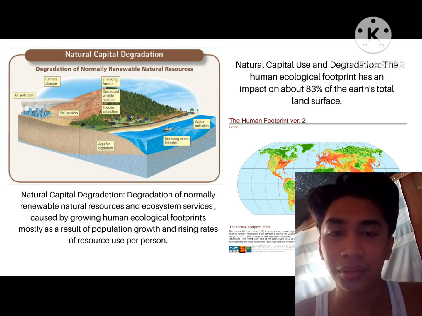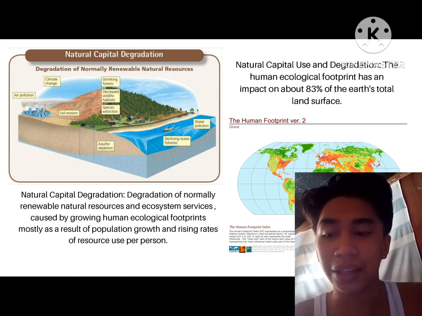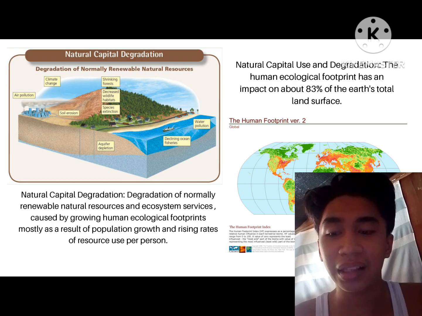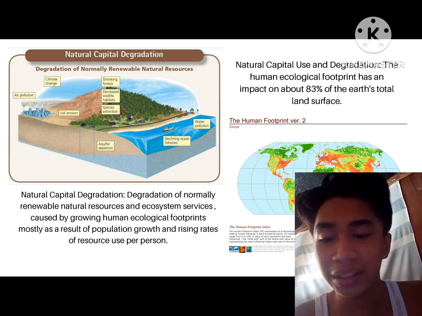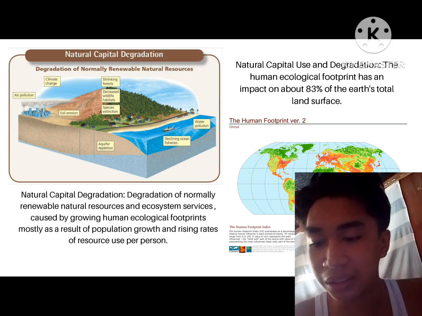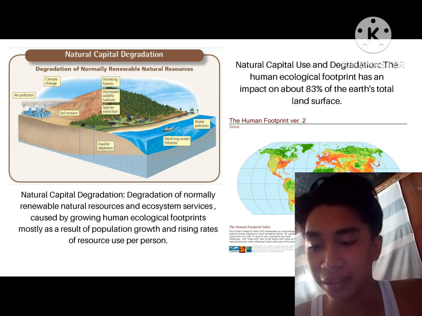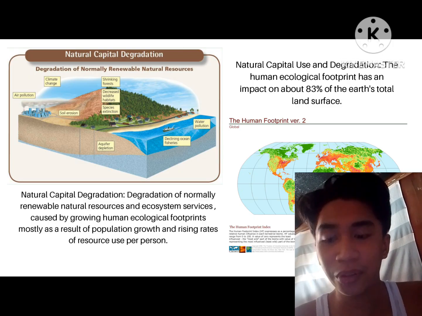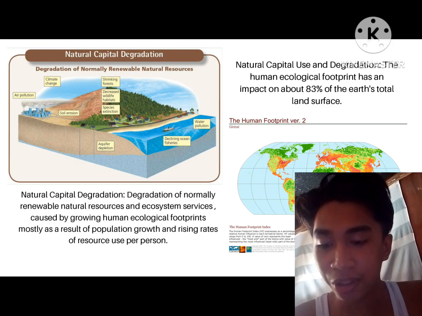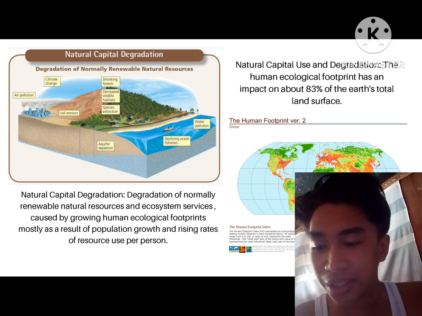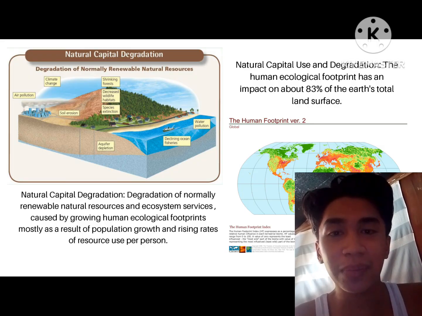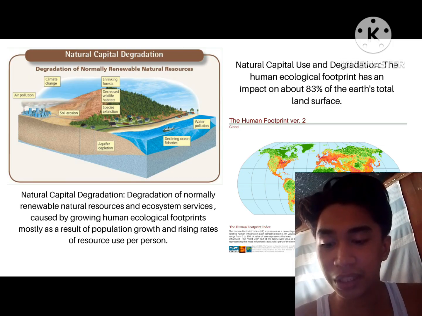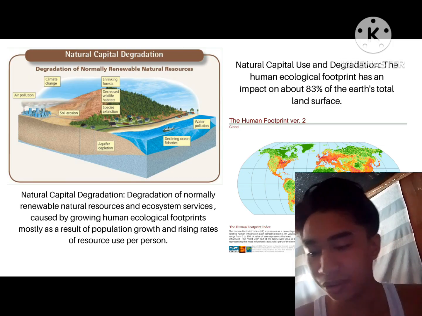So, last slide na sa akong part kay kuan. Natural capital degradation is a degradation of normally renewable natural resources. So, kuan kaning degradation can cause air pollution, climate change, soil erosion, shrinking forest, decreased wildlife habitats, species extinction, aquifer depletion, declining ocean fisheries, and water pollution.